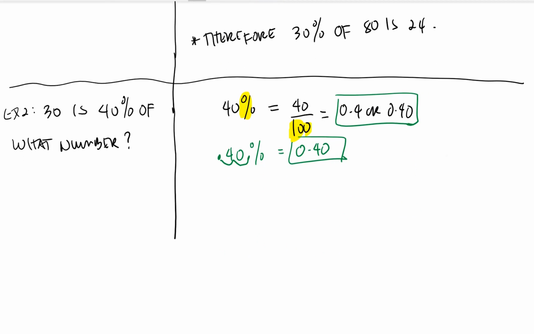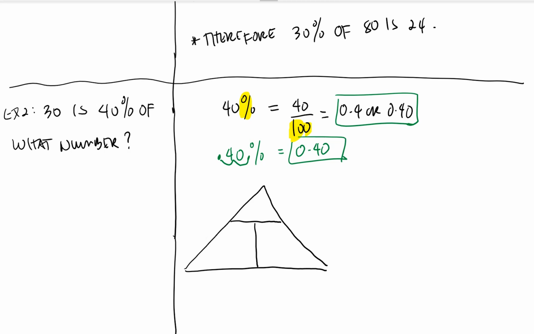Okay. So now I'm gonna make use of my triangle. Make sure to identify the amount and the base correctly. So in this case, my percent in decimal, take note that it should be in decimal, is 0.4.